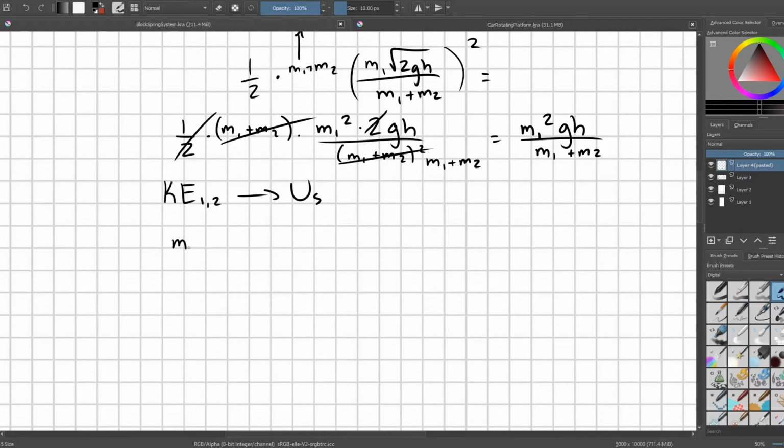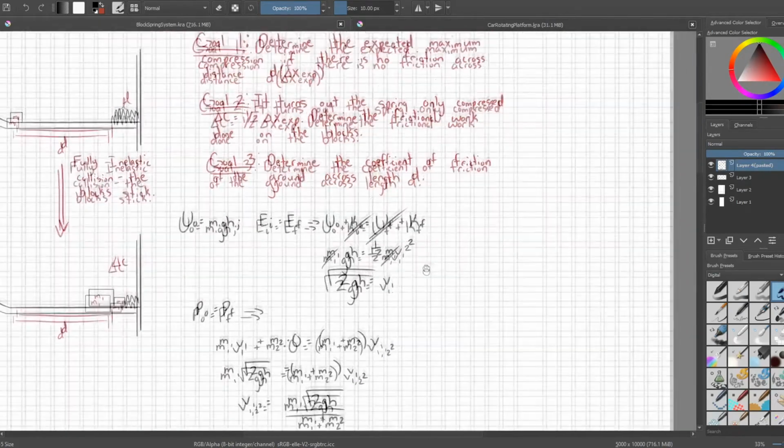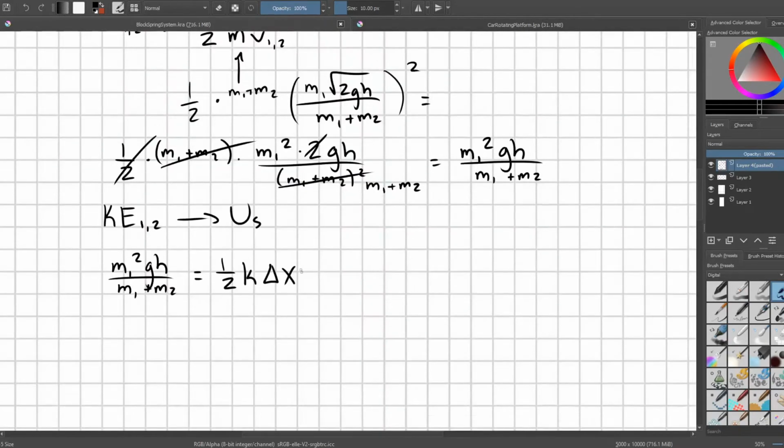So we have M1 squared GH over M1 plus M2, and the formula for spring potential energy is 1/2 K times delta x, and we called that delta x expected with a little notation, so expected squared.